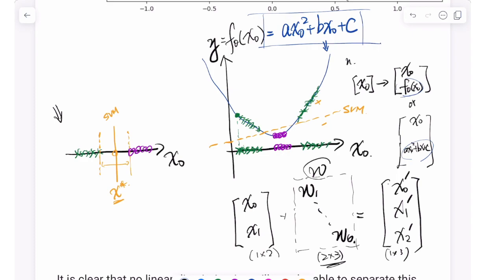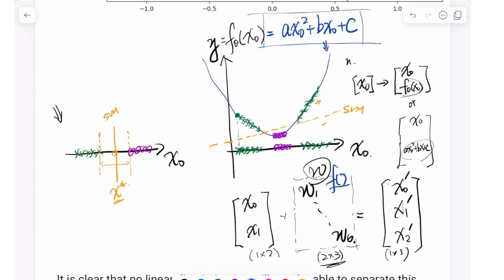Of course, we have no idea what the W values are, so it could be anything in that 2 times 3 matrix. It is just one candidate of an f function that can map the original data from 2 dimensions to 3 dimensions.